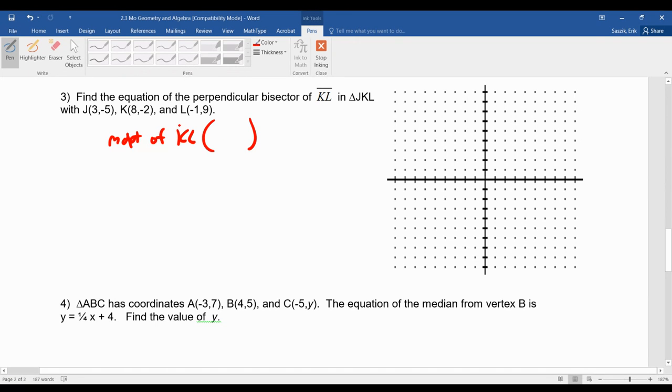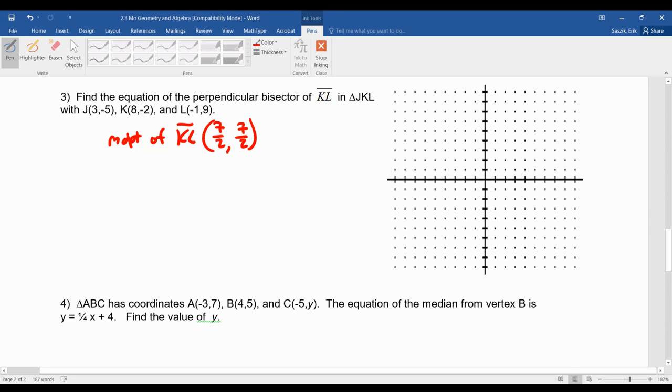So that means we want to average the x's. 8 and negative 1 is 7. So the x value of the vertex is 7/2, and the y value comes out to 7/2 as well. So we have a point.